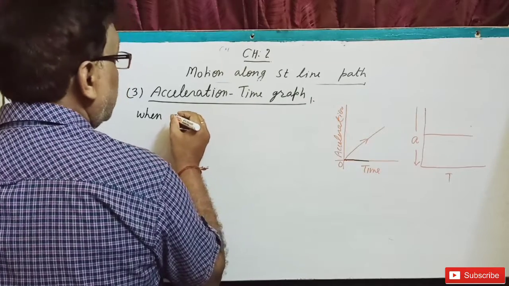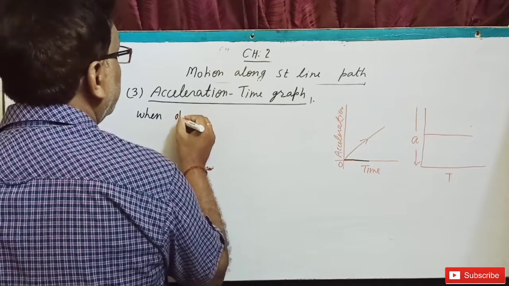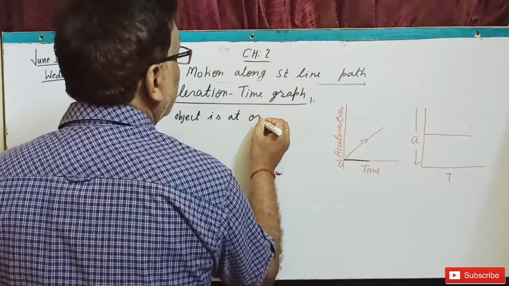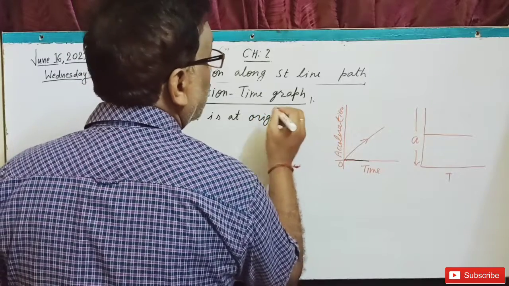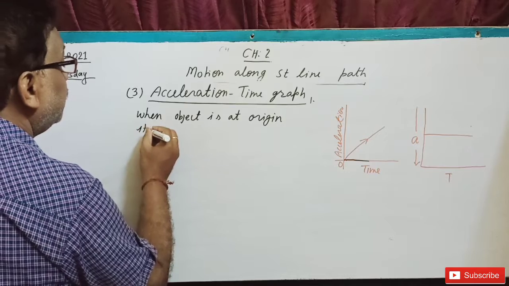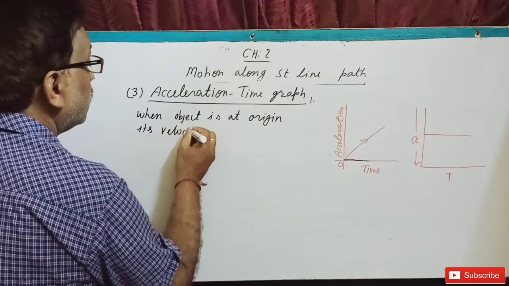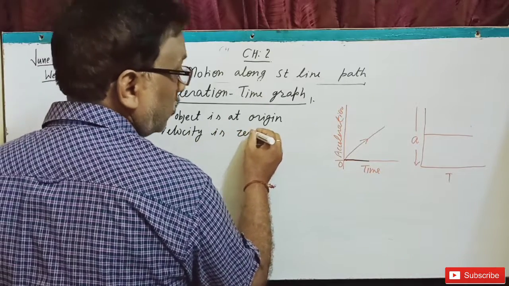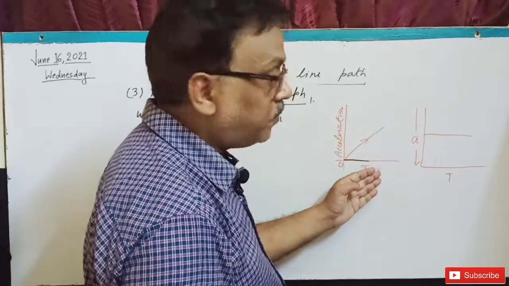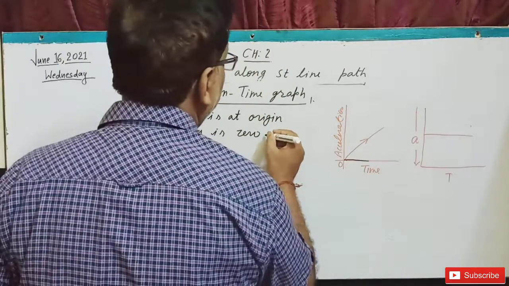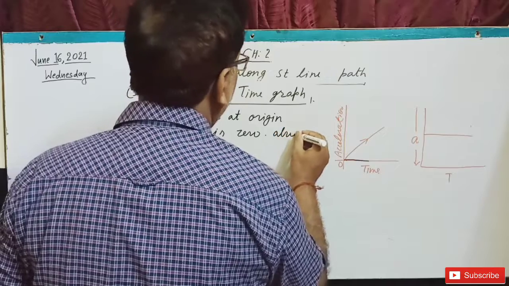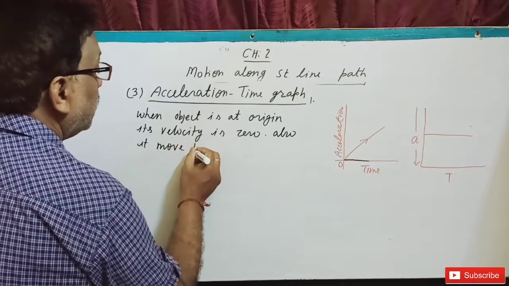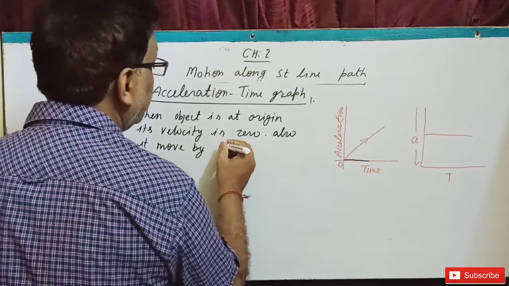When object is at origin, its velocity is 0. When it moves for some time, it also moves by constant velocity.